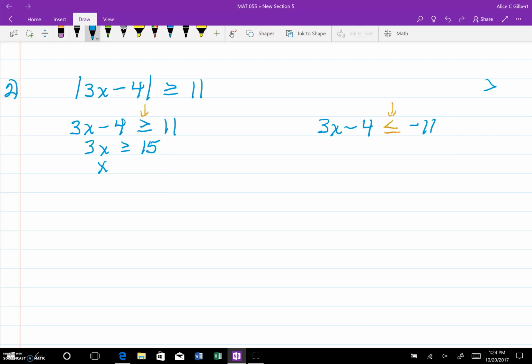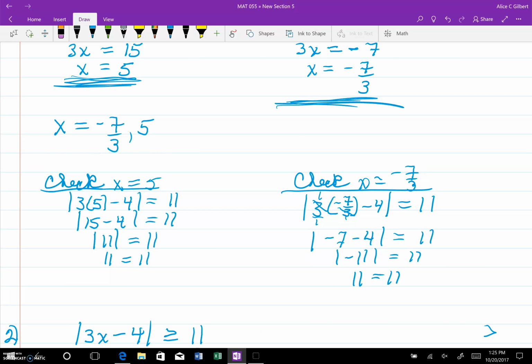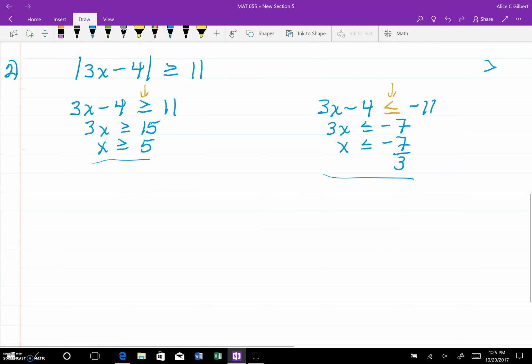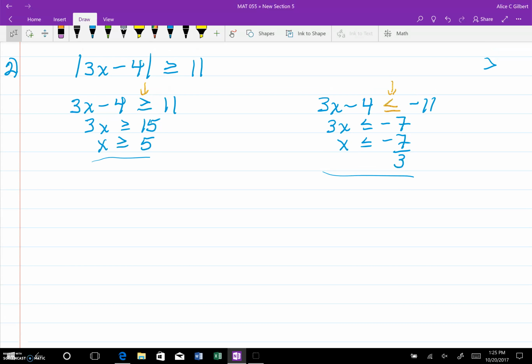These answers, this one and this one, are called algebraic notation. It's the only way you can get these answers when you do these problems, but that's not what I'm looking for.